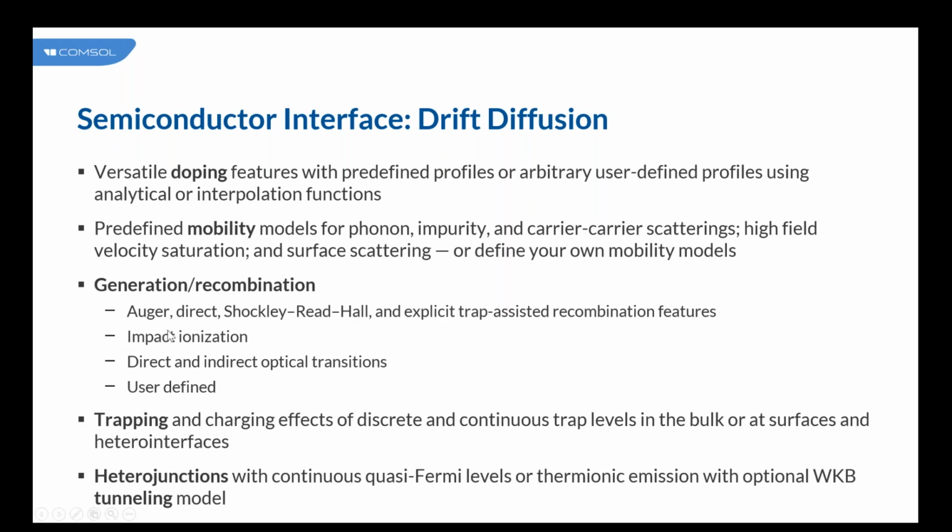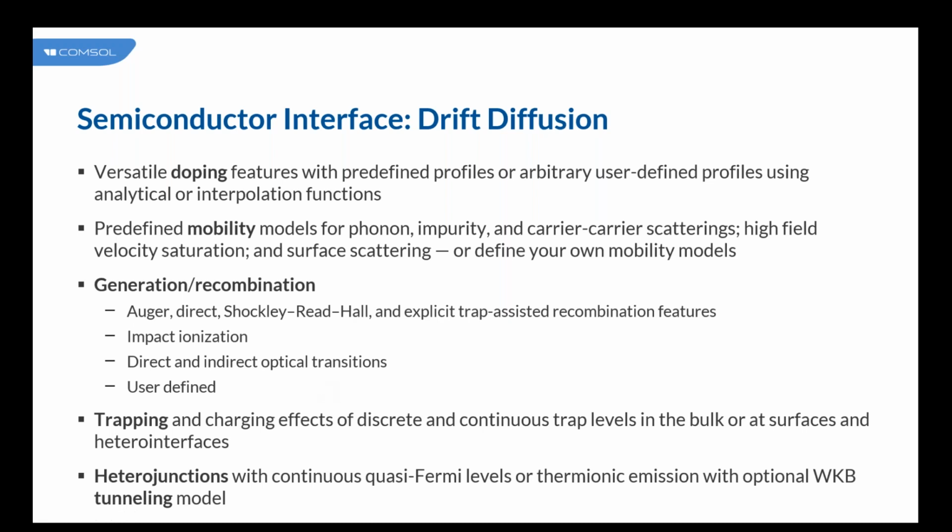We also have impact ionization to simulate the avalanche breakdown, and direct and indirect optical transition to simulate optoelectronic devices. Like today's demo, we're going to use direct optical transition to simulate an LED.